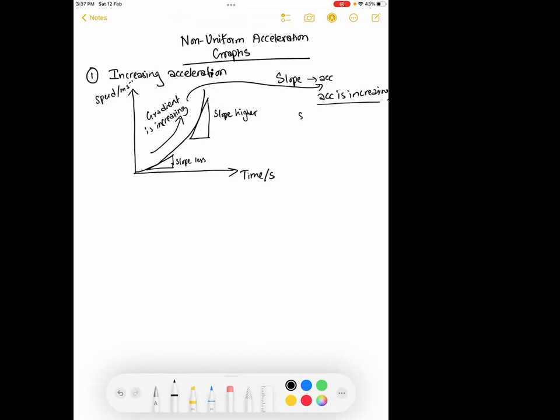Okay, so let's look at decreasing acceleration.